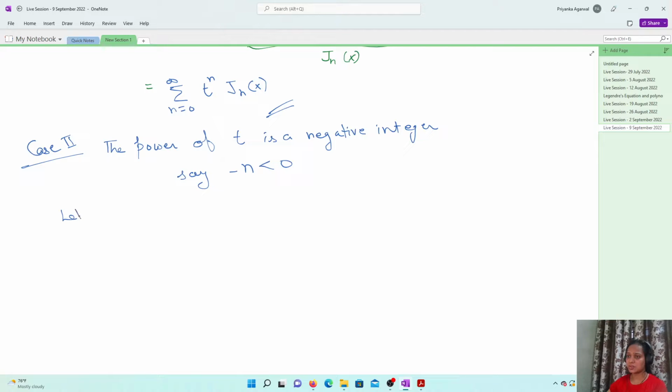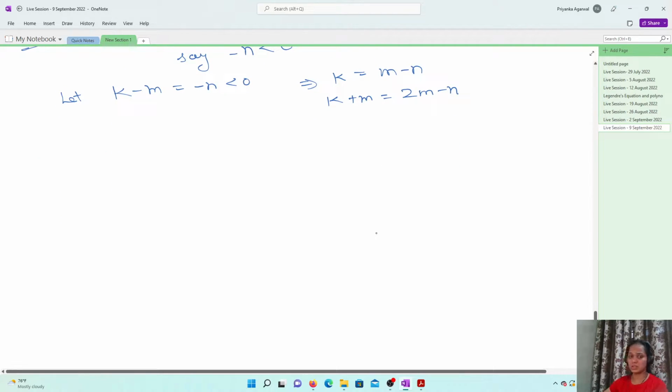So in this case what we will do, let k minus n equals minus n, which is less than 0. So therefore k can be written as n minus n, and k plus n can be written as 2n minus n. And similarly as we did in case 1, we will solve for this case also.